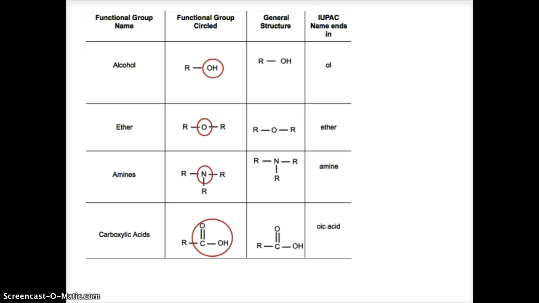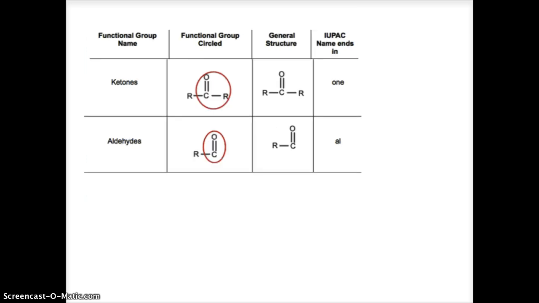You can see the general structure. Remember, R can stand for any number of carbons, and you have the IUPAC names, which tell you how that classification will end. That's the learning video on functional groups. I hope this helps, and thanks for listening.